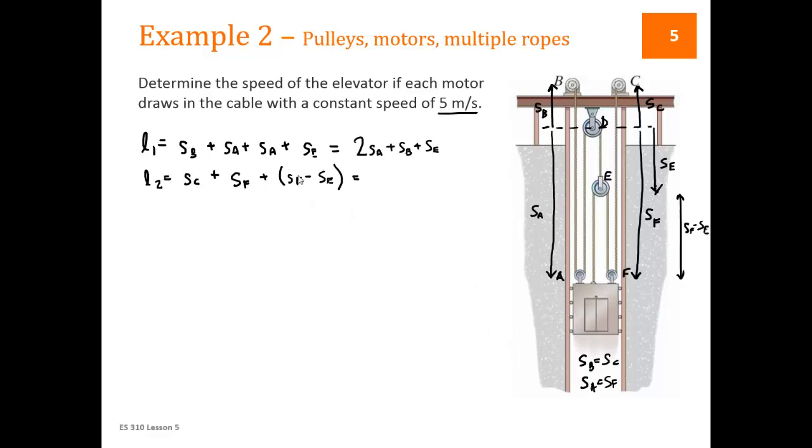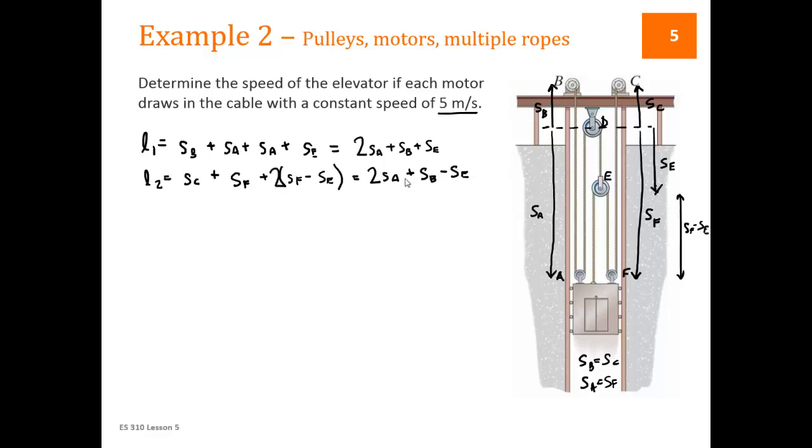So we've got 2 SFs, so 2 SAs, plus SC, which was the same as SB, minus SE. Is that right? Nope, there's one more SE. We have SC, SF, SF minus FE, and then another one of those same lengths. So there should be a 2 here.